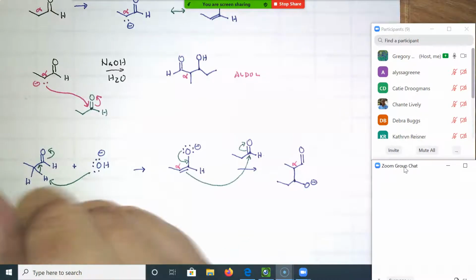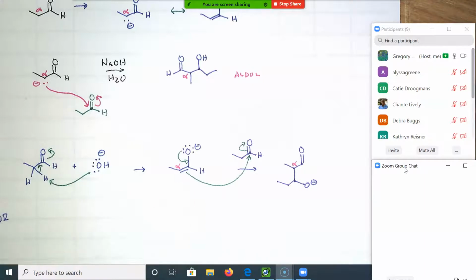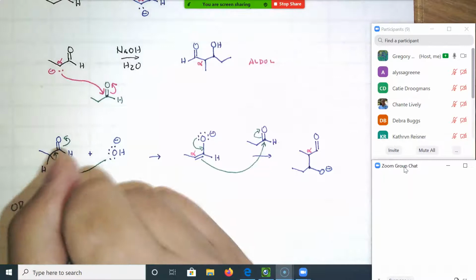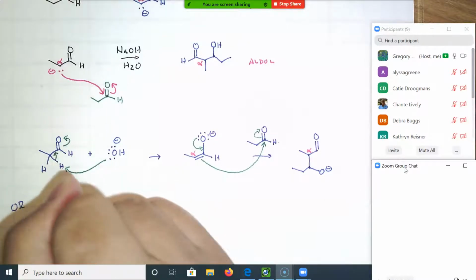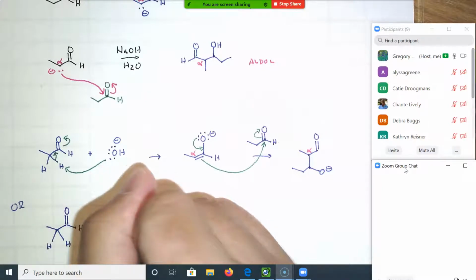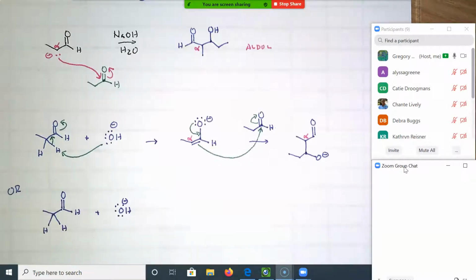But if you want an alternative, if you don't like doing this, you're free to do it this way. It's just that I don't teach it this way. It's going to be very rare that you're going to see me do a mechanism where I have a C anion. And how do I do that?